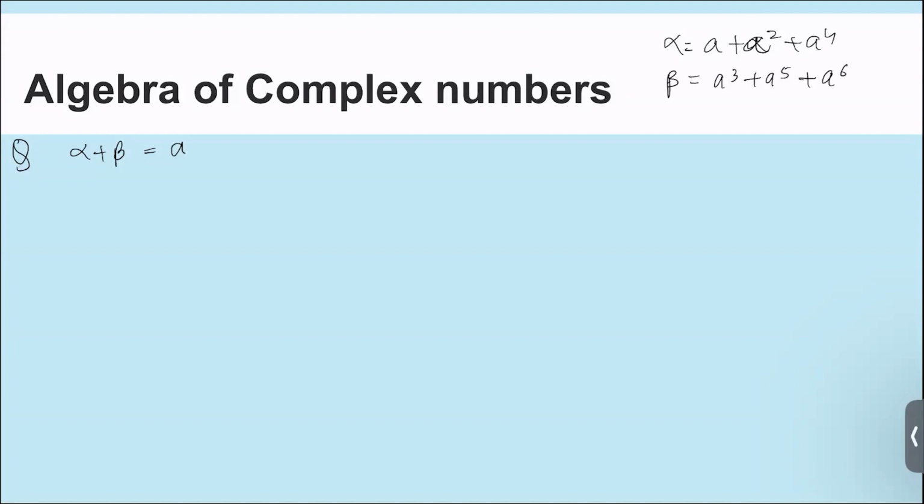So alpha plus beta will then become a plus a squared plus a cubed plus a to the 4 plus a to the 5 plus a to the 6.